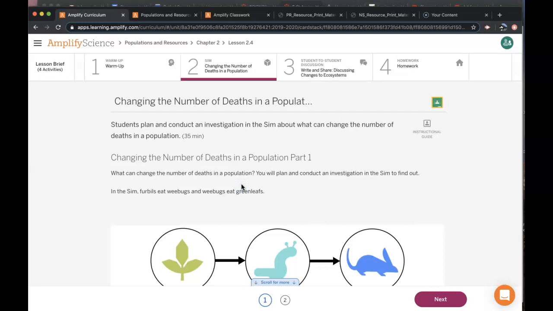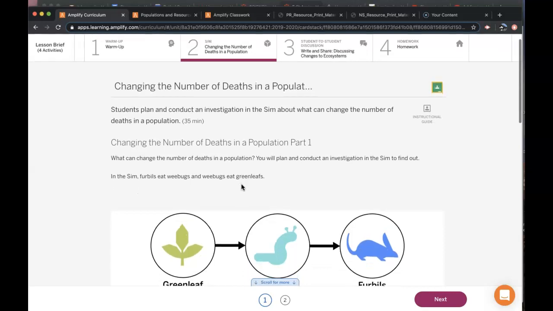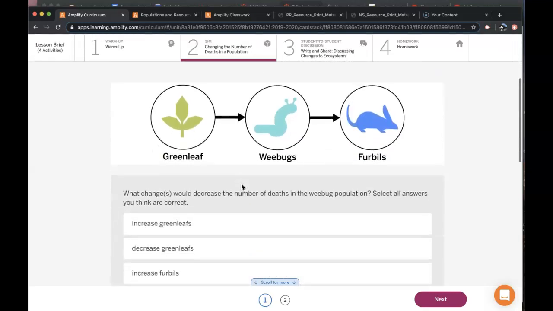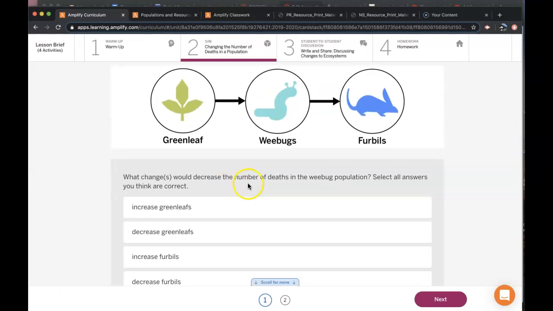If you think there's more than one change that leads to fewer deaths, you can test more than one idea. We are trying to figure out what would decrease the number of deaths in the WeBug population.